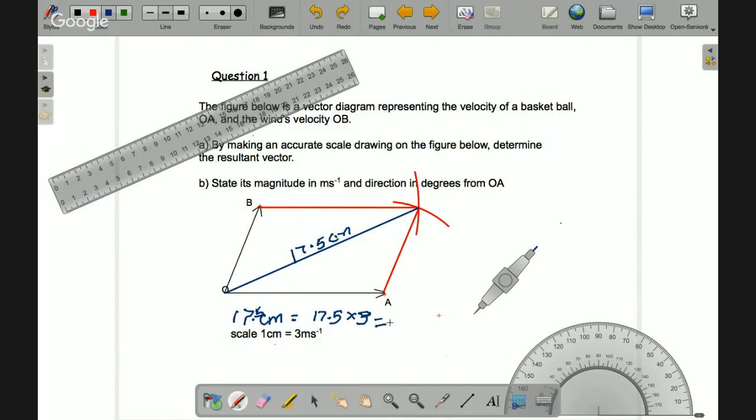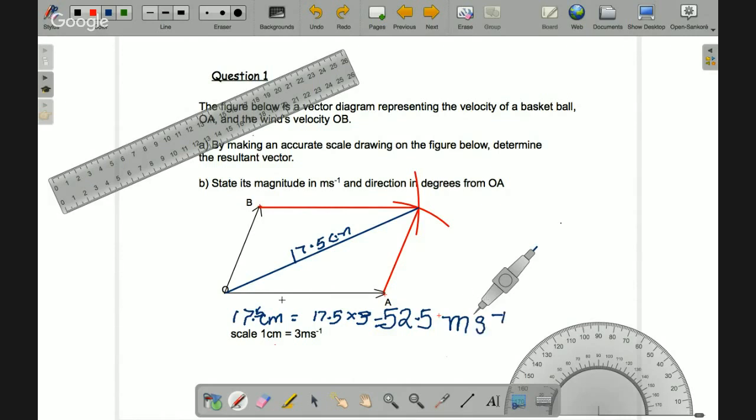How much is that? I'm using my phone. So that's 52.5 meters per second.